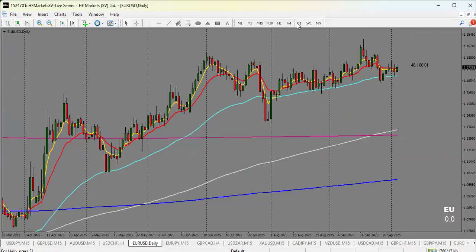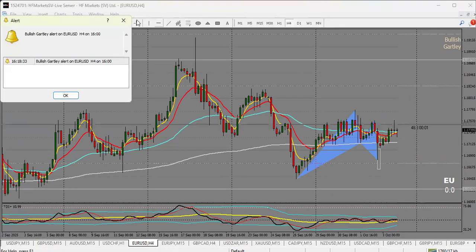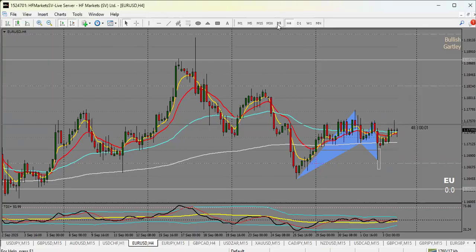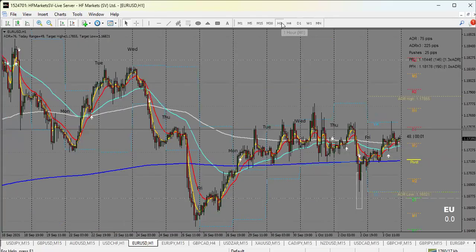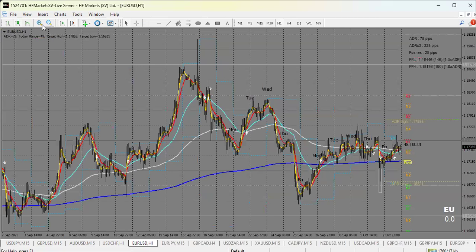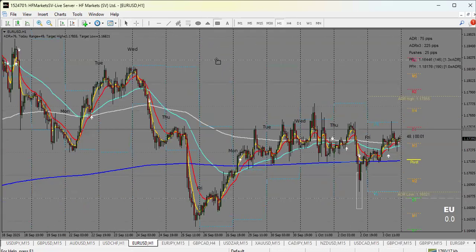And as we are expecting the dollar to weaken because of the economic uncertainties in the United States right now, for pairs like EURUSD we should be expecting them to rise. So the fundamentals are aligning with the technicals here.